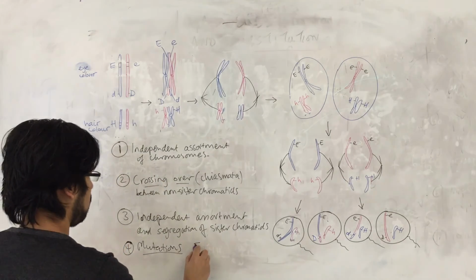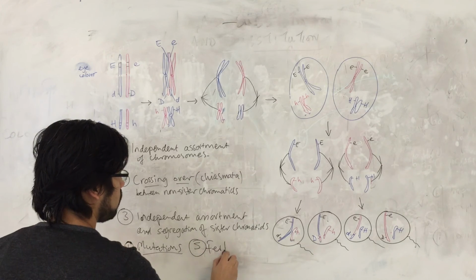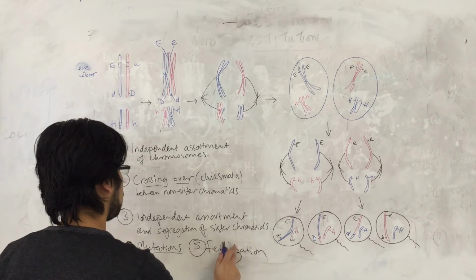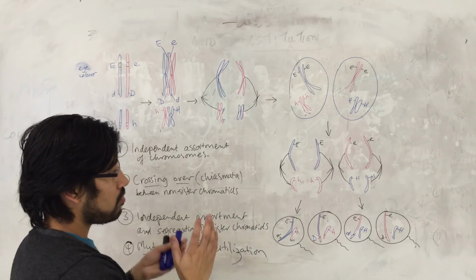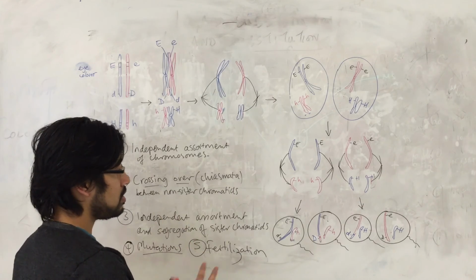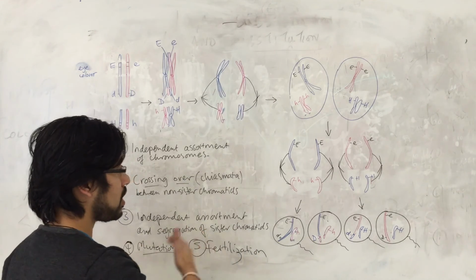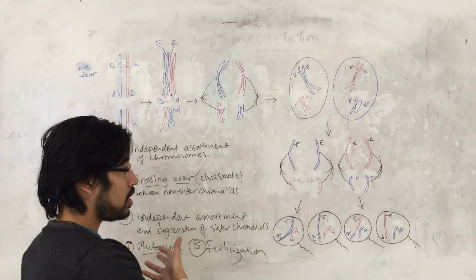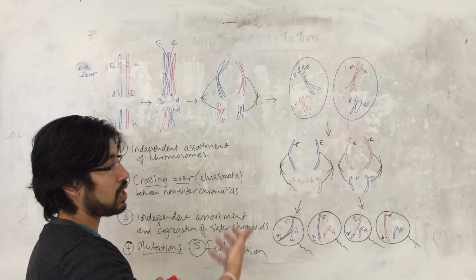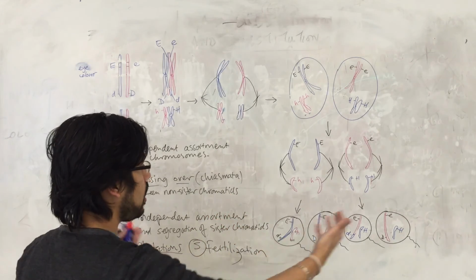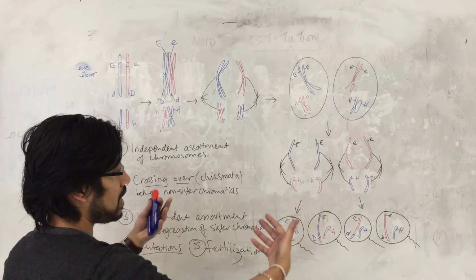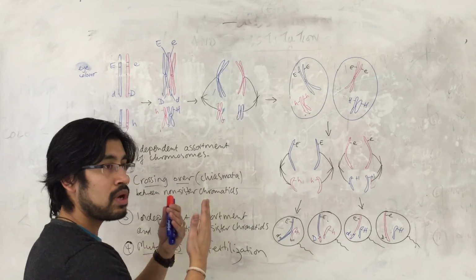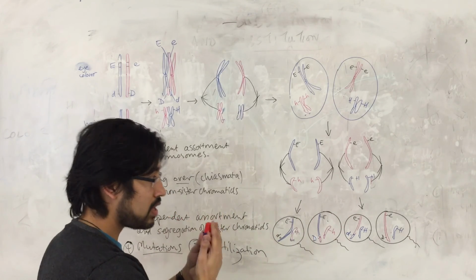Finally, fertilization. So remember that fertilization increases variation, because you can have any one of these gametes fuse with any one of a number of different possible eggs. Okay? And when that occurs, remember that these haploid gametes are fusing with other haploid gametes to form a diploid zygote.